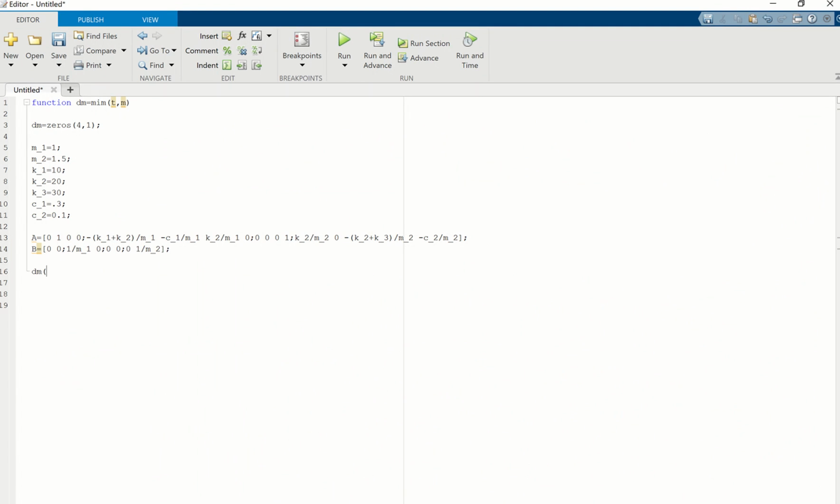Now let's go to the state equations. dm1 is equal to m2. See that these are not underlined; these are the state variables I'm defining here.